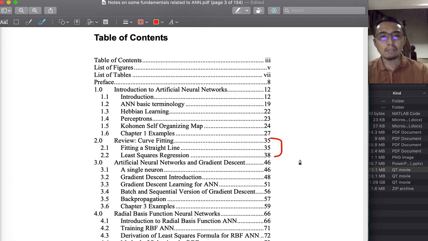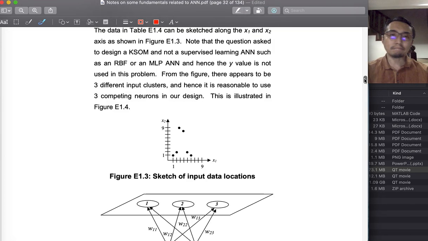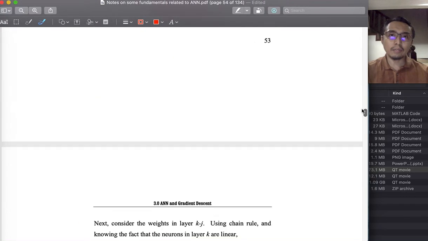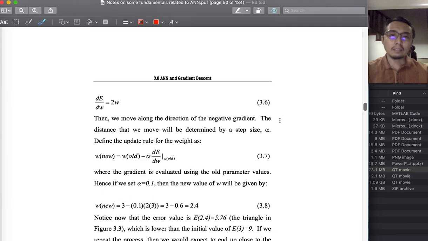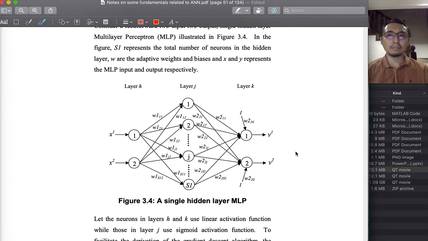And then for the case of artificial neural network, we looked at the basic structure from the module where we looked at single hidden layer, multi-layer perceptron, and we derived the backpropagation algorithm.